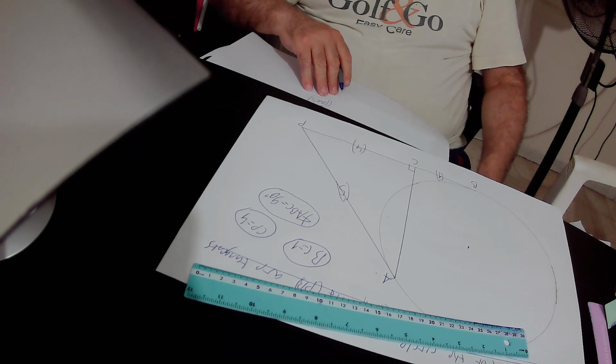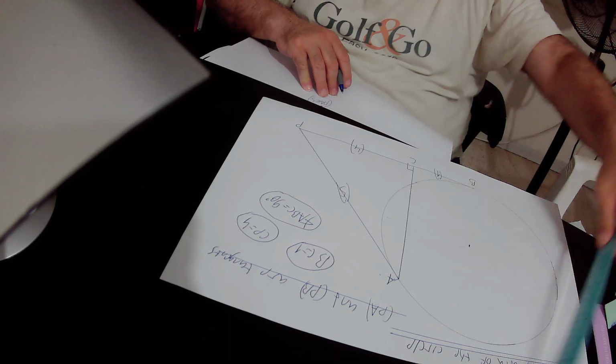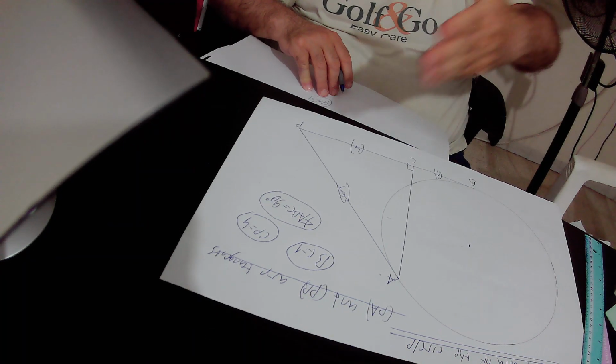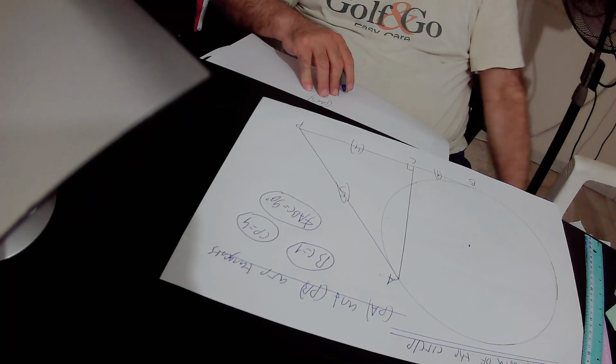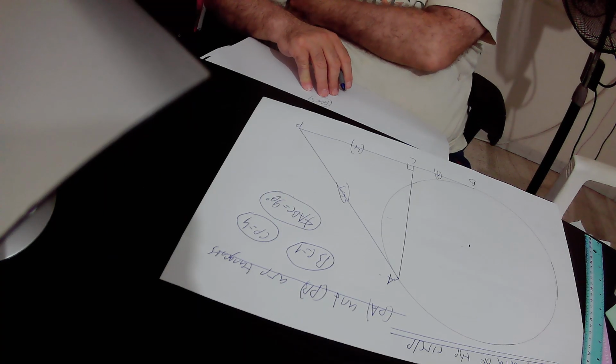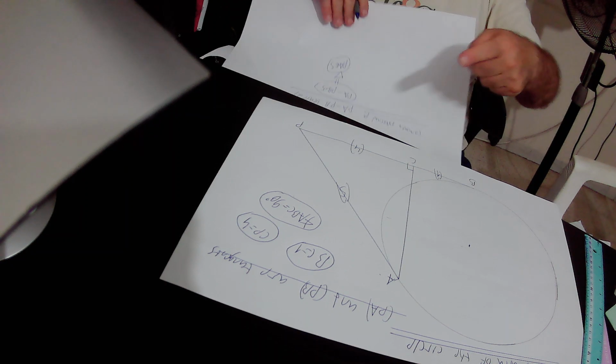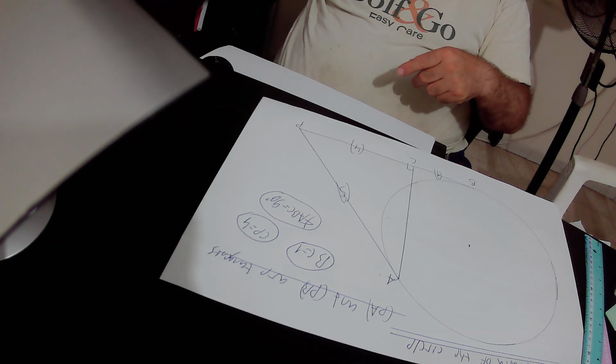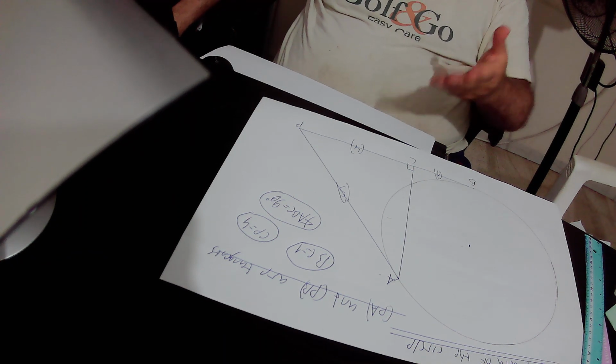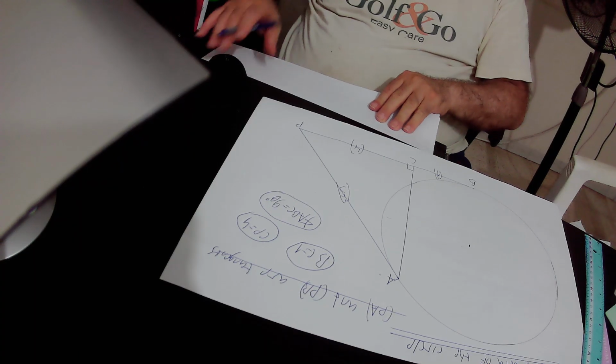The next step, we'll focus on the right triangle ACP, and we'll implement the Pythagoras theorem on this right triangle. So I'll copy the right triangle ACP in a new page.